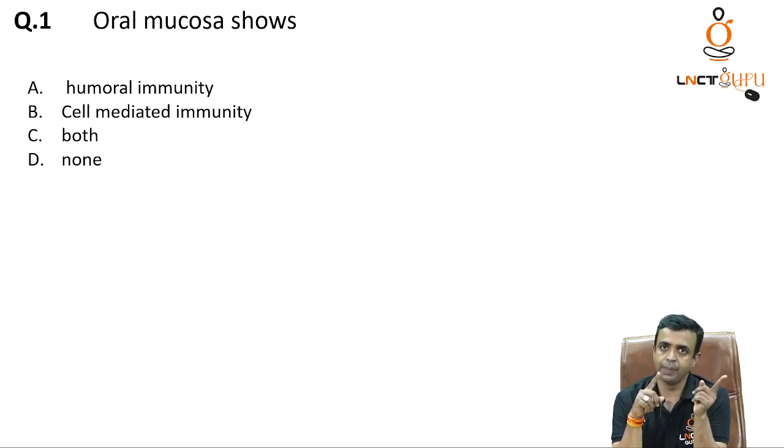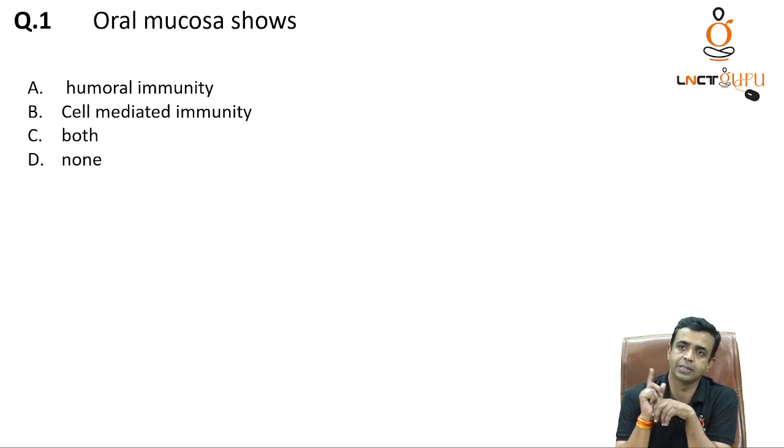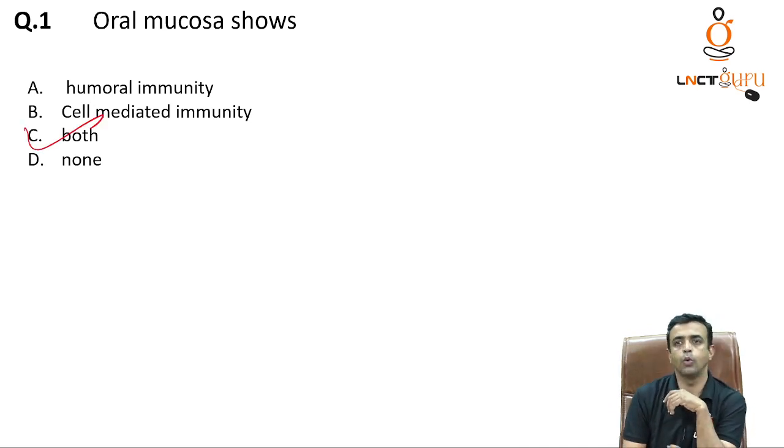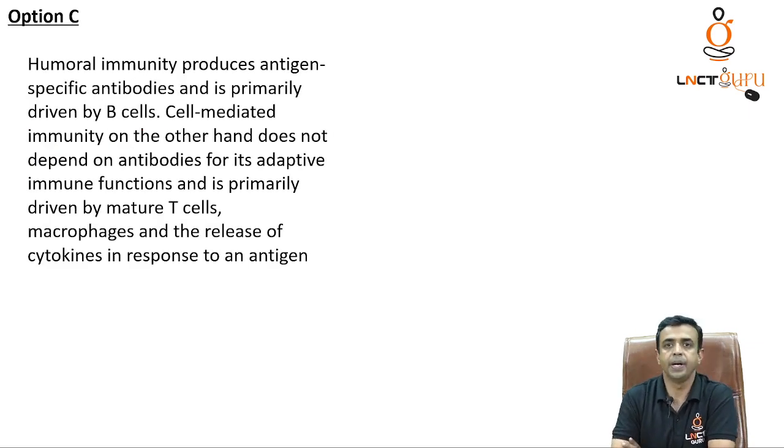Whereas the cell mediated immunity is an immunity which is provided by the different cells. There is no formation of antibody. But oral mucosa in the body have both the types of humoral immunity as well as the cellular immunity. So option C will be the correct answer, that oral mucosa shows humoral immunity as well as the cell mediated immunity.